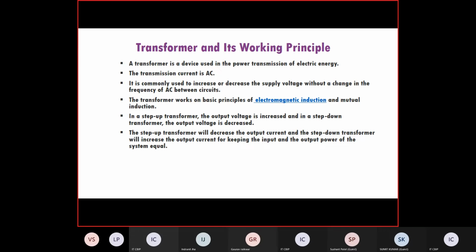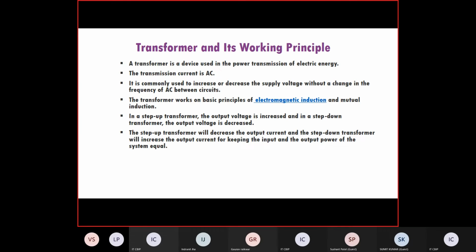So that way, the power system has three major components: generation, transmission, and distribution, and then finally the load, and the loads are connected to the distribution point. Okay.